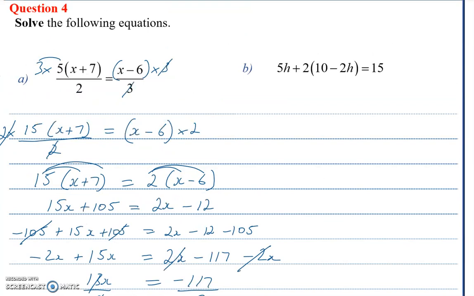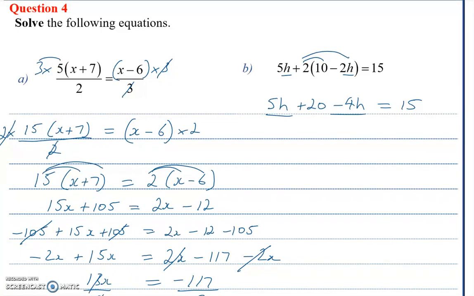Question 4b. Solve the following equation. That's solving for h. We'll expand our brackets using the distributive law first, which is 5h. 2 times 10 is 20. 2 times negative 2h is negative 4h. On the right-hand side, we have 15. Let's collect like terms.